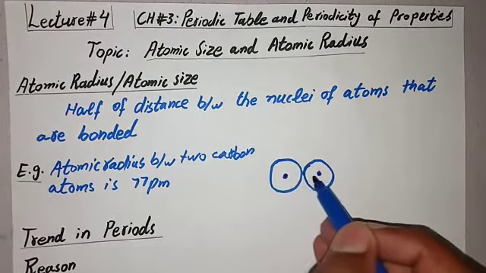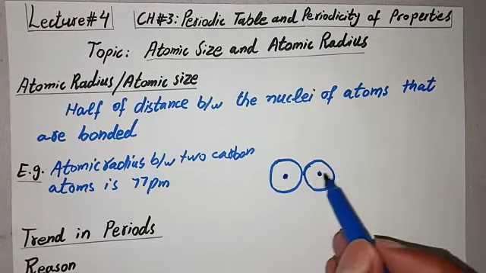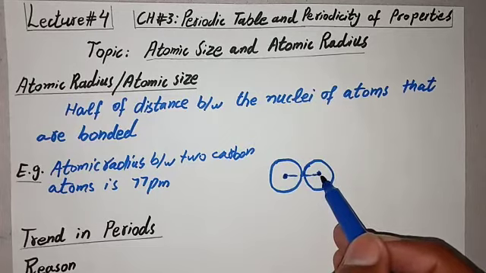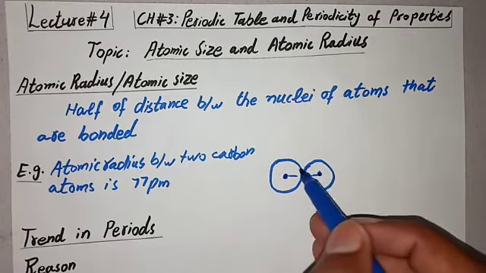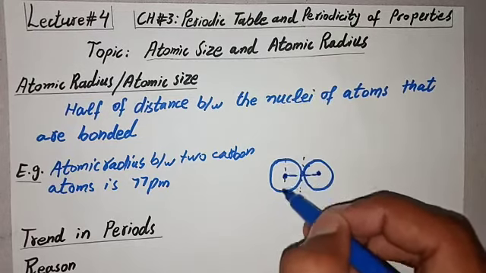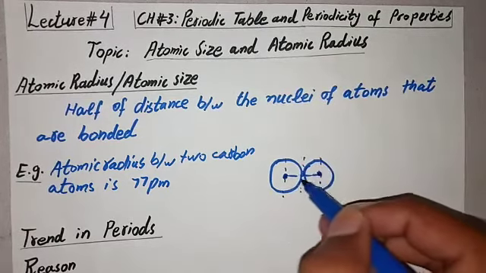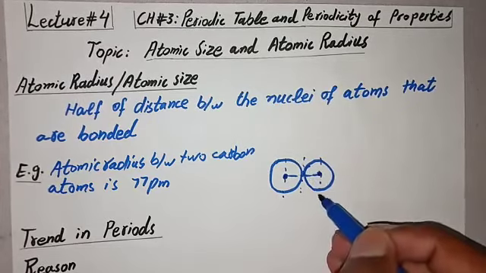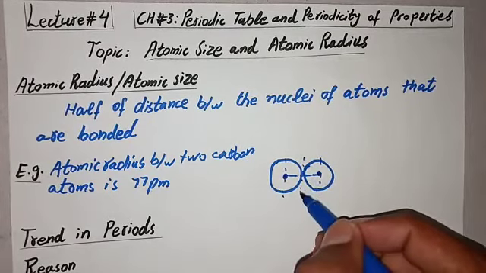So these are bonded. If we take the total distance from this center to this center and then take half of this distance, that distance will be called atomic radius or atomic size.